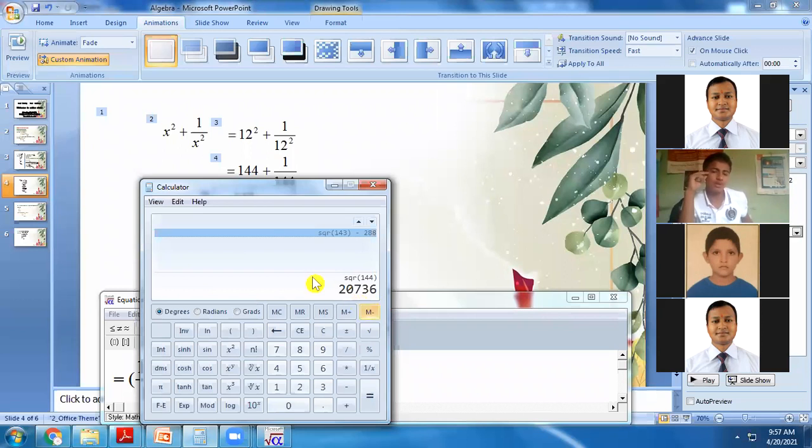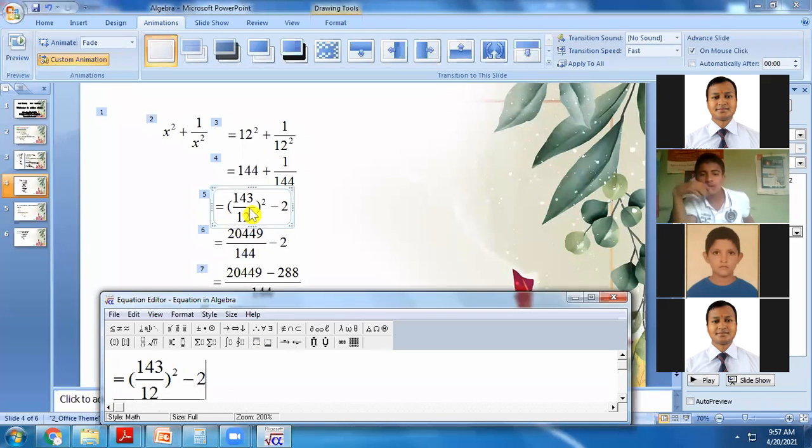So the numerator will be 20,736 plus 1 divided by 144.